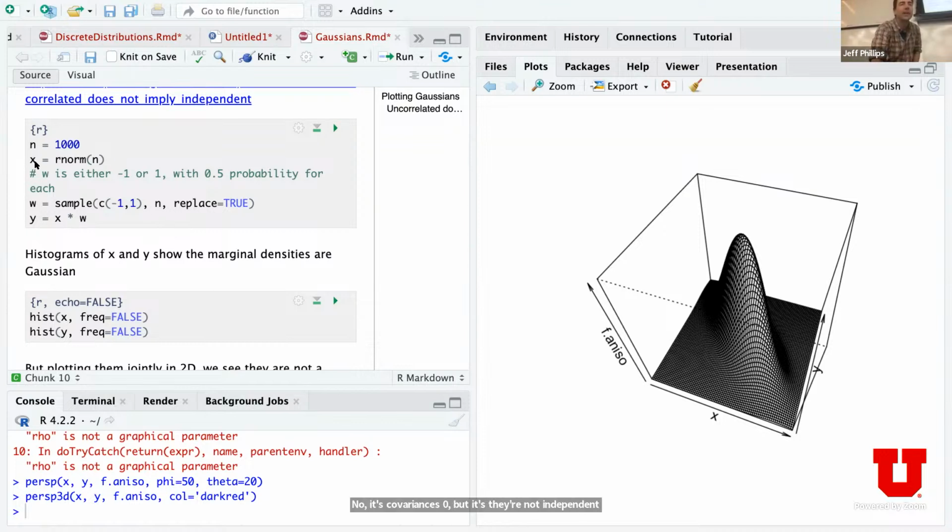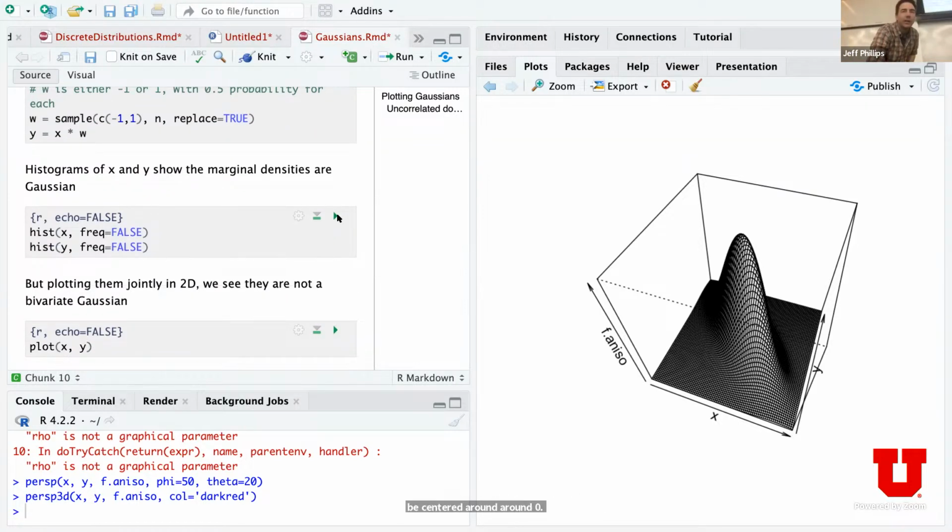Okay, so I'm going to pick X from a normal distribution, and I'm going to say that Y is going to be either -1 times the value of X or +1 times the value of X. So I flip a coin, and Y is either going to be -1 times X or +1 times X. Okay, X is going to be centered around 0. Okay, so that's what this distribution is.